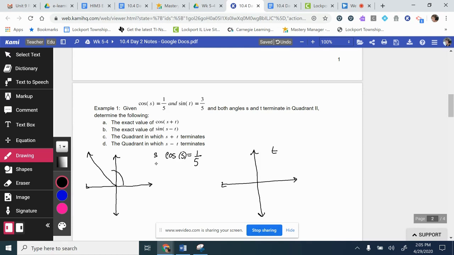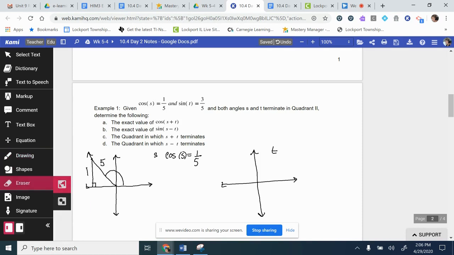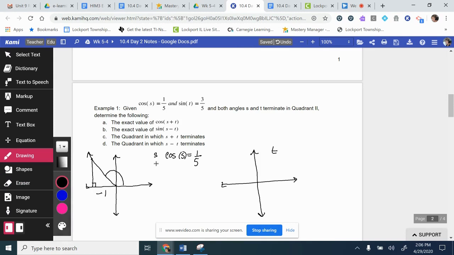So here I'm rotating around, I terminate in quadrant 2. I drop my perpendicular, and that's the sine. The cosine is adjacent over hypotenuse.